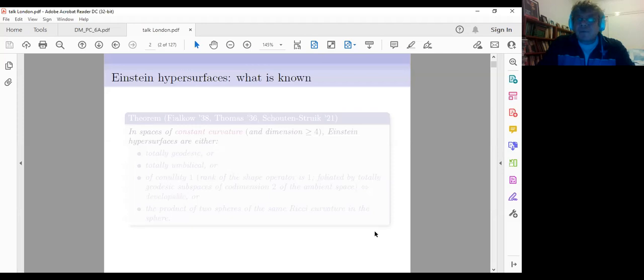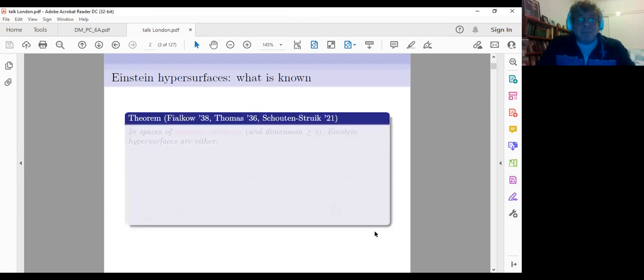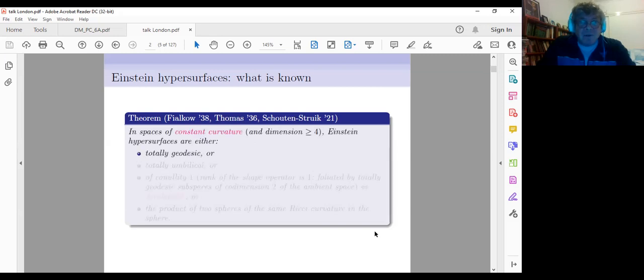What if you have just a space of constant curvature, Euclidean space? What are Einstein hypersurfaces in Euclidean space? And as we all may expect, this is known for centuries, almost literally, because we have this beautiful theorem, which was proved independently by different people.